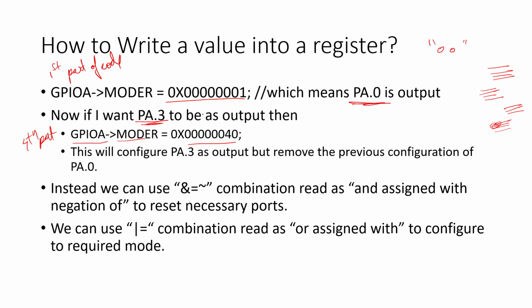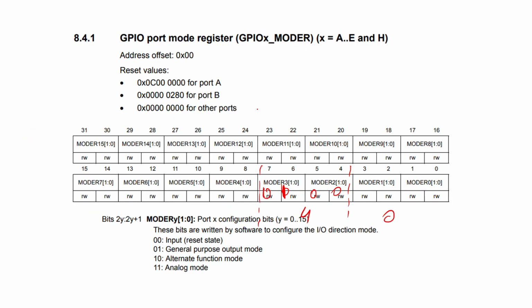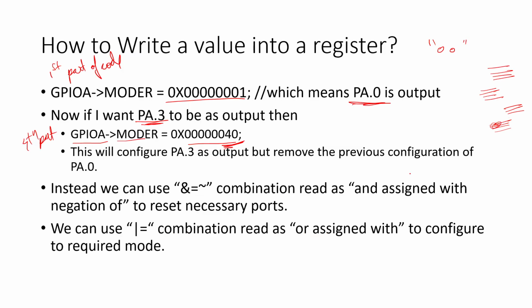Now if you observe, if you are directly equating to 0x40, you are forcibly making the first pin an input, because 0x40 not only makes the third pin output, it also forcefully drives the first pin into input state, which is not recommended.